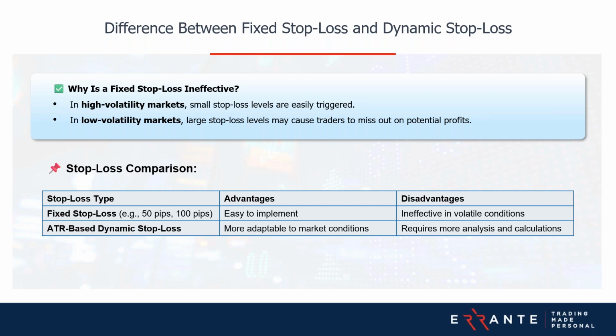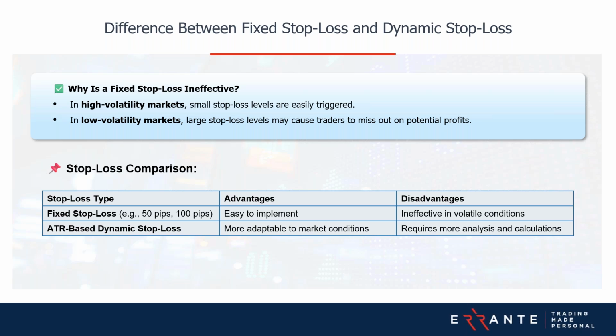The problem is that a fixed stop loss means the trader always sets the same stop distance, such as 50 pips or 100 pips, no matter what the market conditions are. The problem with this approach is that market conditions change constantly. So there are two key issues with fixed stop losses.